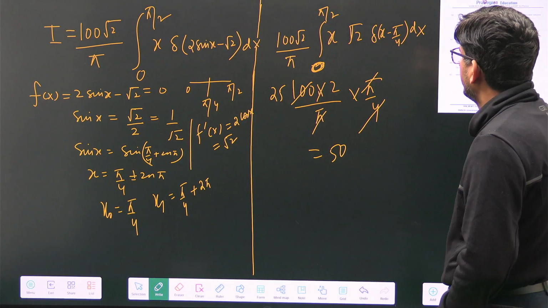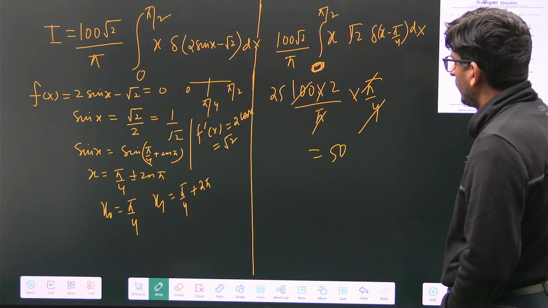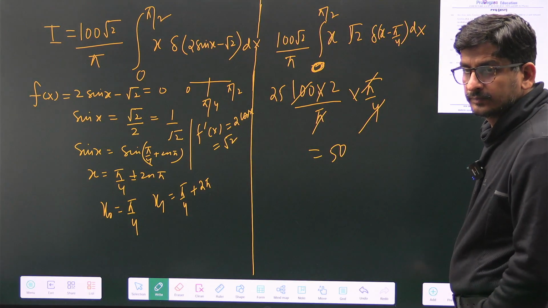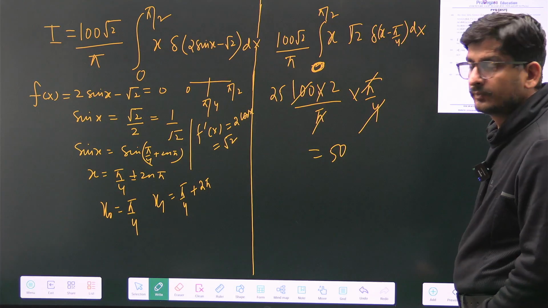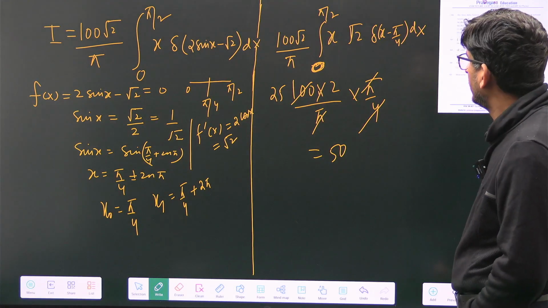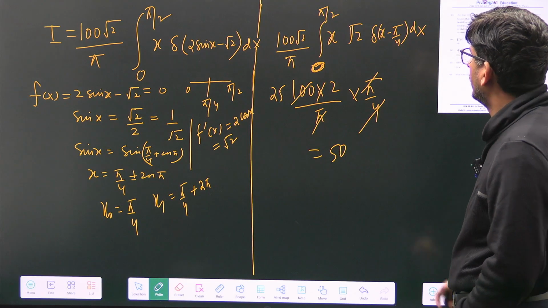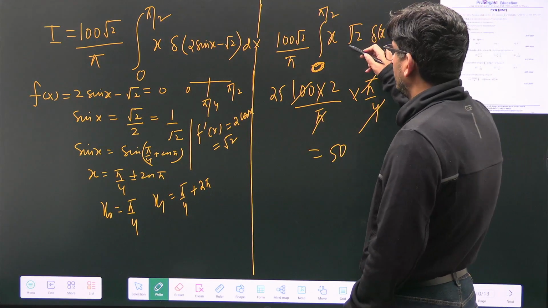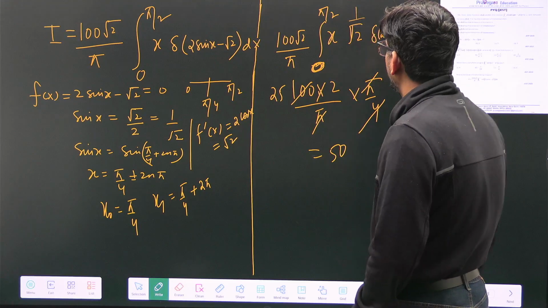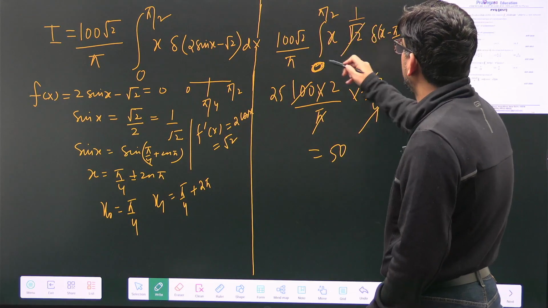x replaced by pi by 4, divided by, oh, that's why. This root 2 is 1 upon root 2. So this and this will cancel.